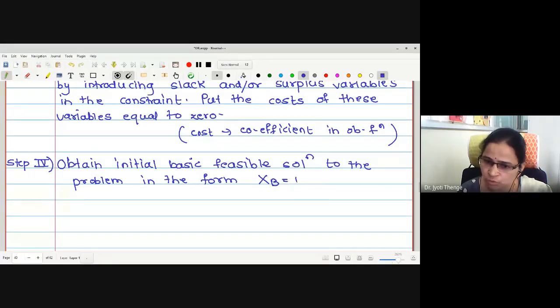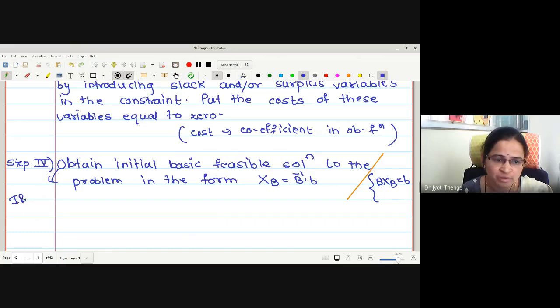XB is equal to B inverse b. Now we have written this equation BXB is equal to b by selecting the submatrix. Okay, therefore this is observed. And now this initial basic feasible solution, we can write it in short as IBFS, initial basic feasible solution.